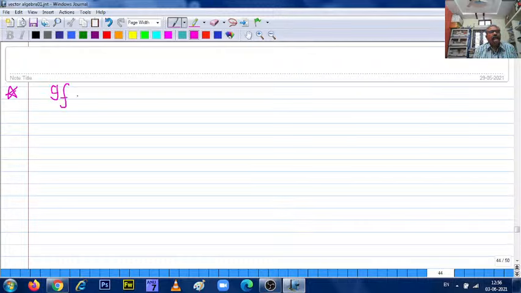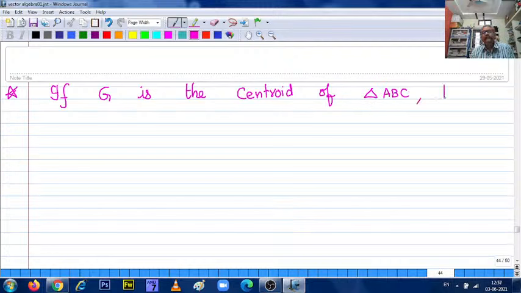So next concept. If G is the centroid of triangle ABC, then GA bar plus GB bar plus GC bar, that means the resultant of these three vectors, is equal to how much?